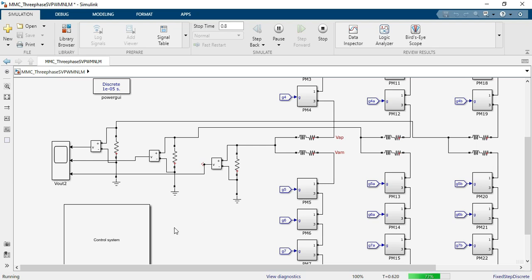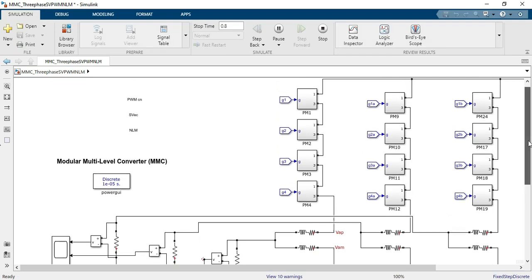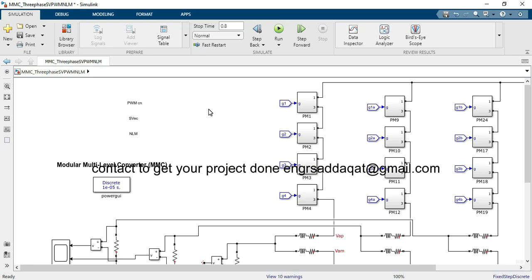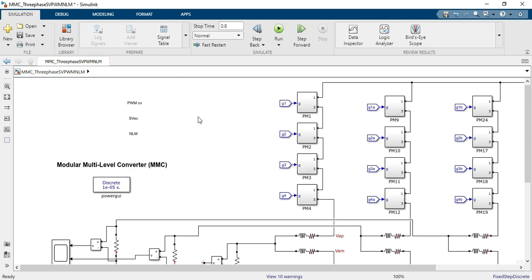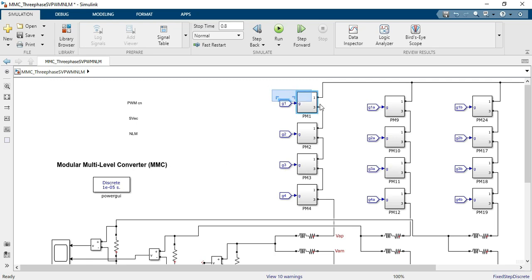Once this is done, let me show you the control system. For the PWM, as far as the MMC is concerned, we use level shifted PWM control, where we have a sinusoidal waveform as the reference waveform, and different triangular waveforms as the level shifted carriers in order to control the submodules.